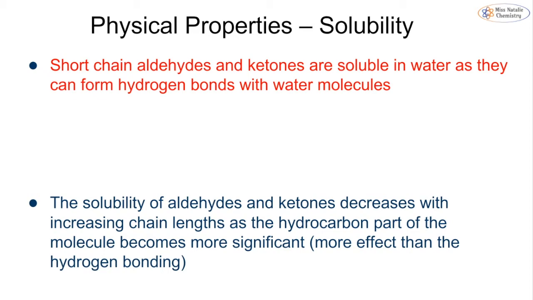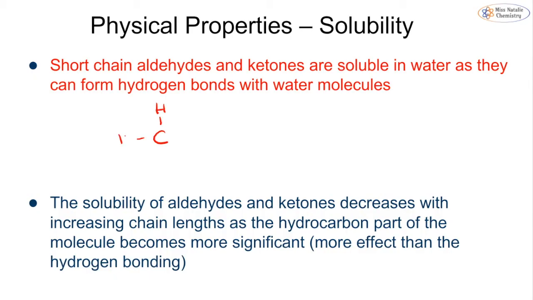The last physical property that you need to know about aldehydes and ketones is their solubility. Short-chain aldehydes and ketones are soluble in water, and this is because they can form hydrogen bonds with the water molecules. So whilst they cannot make hydrogen bonds with themselves, they can with water molecules.